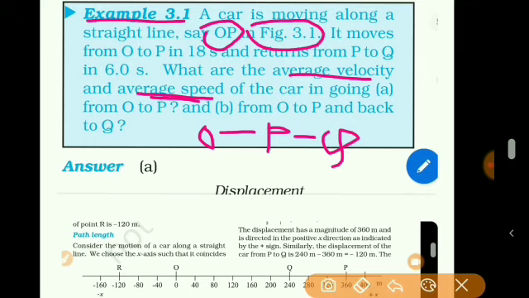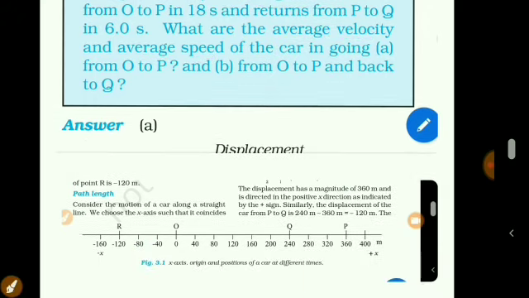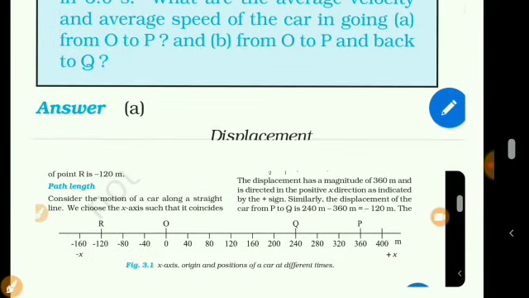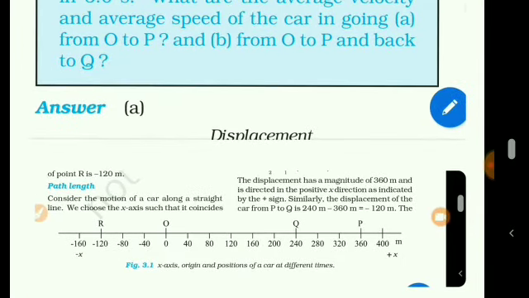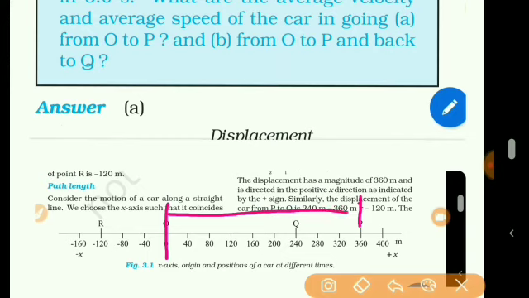So if we consider this figure given on page number 40, you can see that for this path O to P, if you want to find the displacement, then how much is it from here to here? Definitely starting from 0, it is 360.